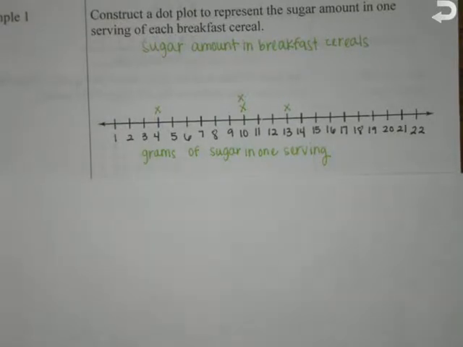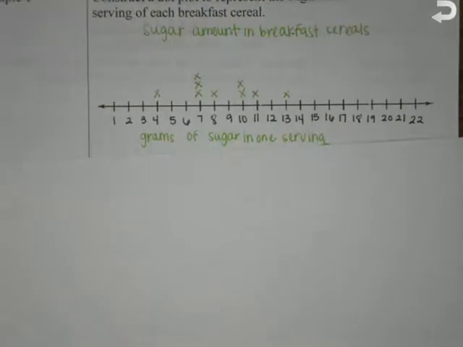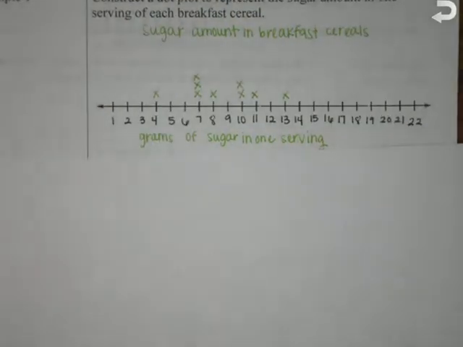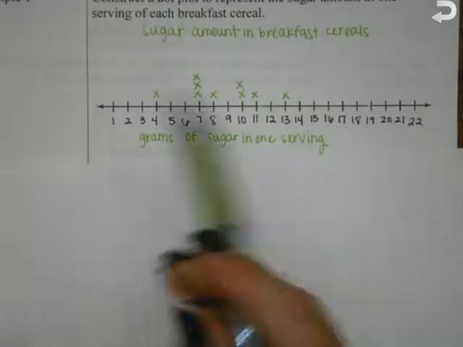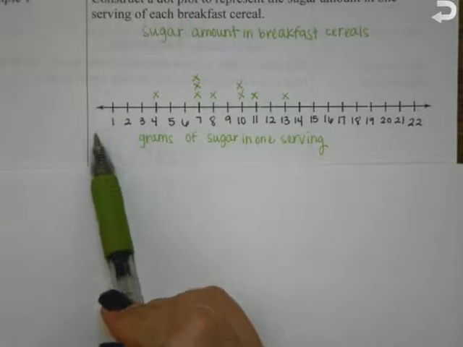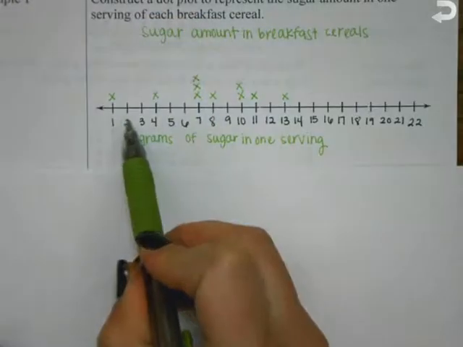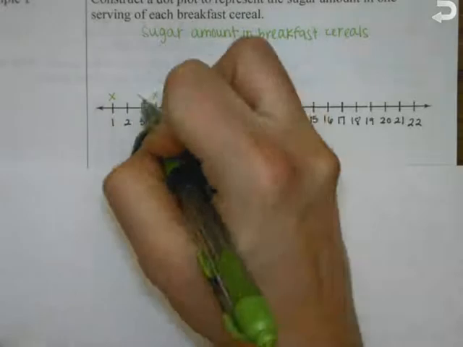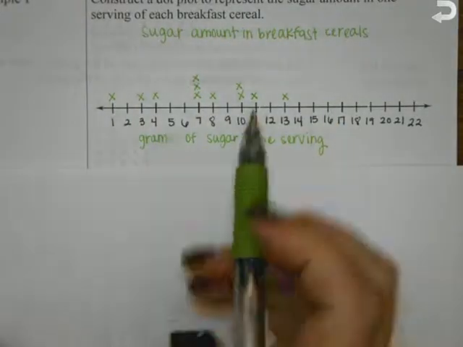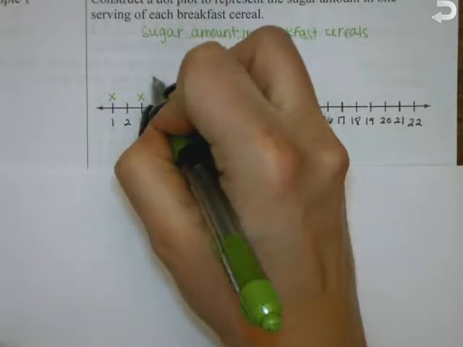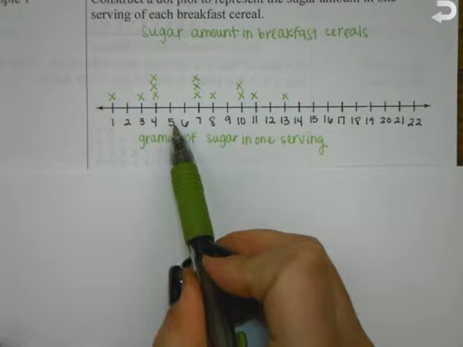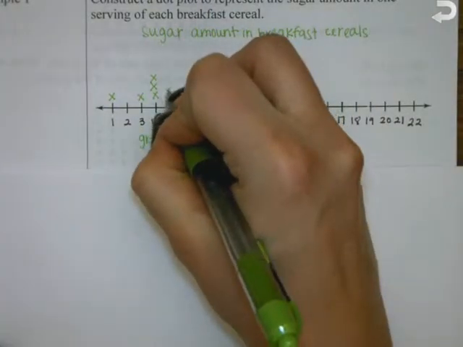All right, so what we're going to do is I'm going to have you guys tell me how many on each point on our dot plot that you should have. So how many X's or dots did you have on 1? 1. Just 1, okay. What about how many on 2? 0. 3? 1. 4? 3. So we should have 1, 2, 3. What about 5? 2. 6? 1.